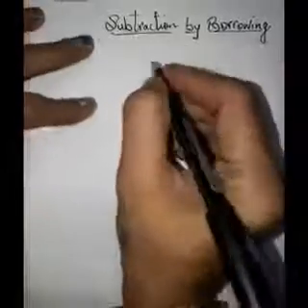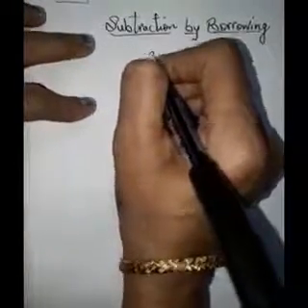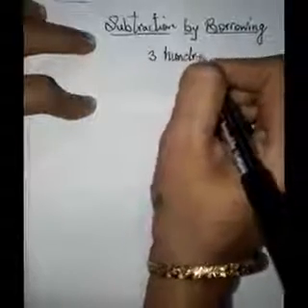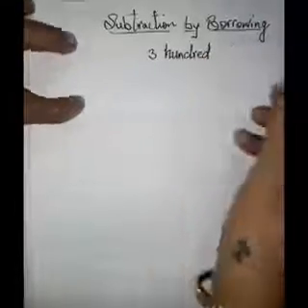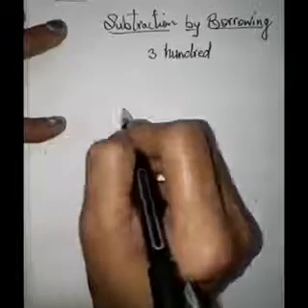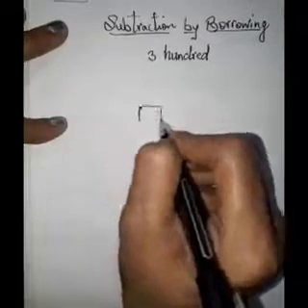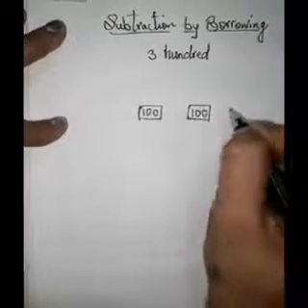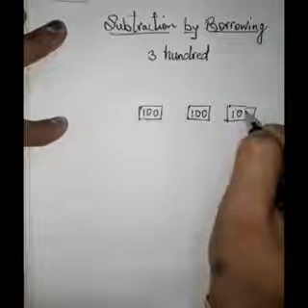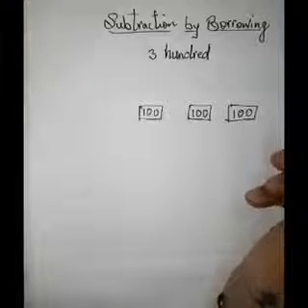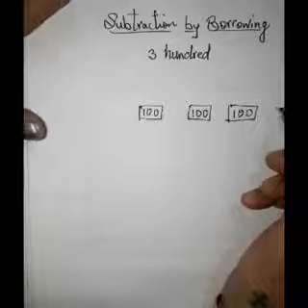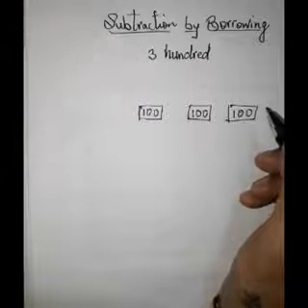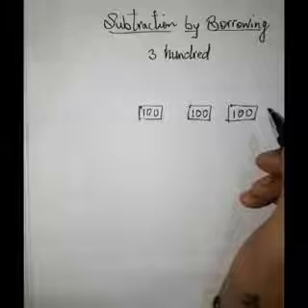Now children, here I am having 300. Okay, 300. 100, 200, 300. Now from this 300, let us untie 100. That is, from this 300, we will take only 100 and will convert it into tens.